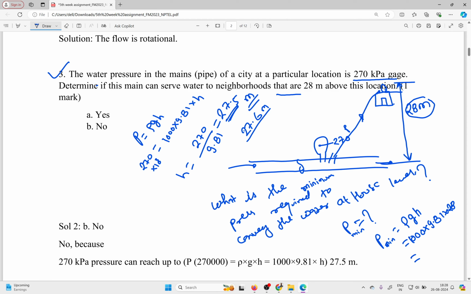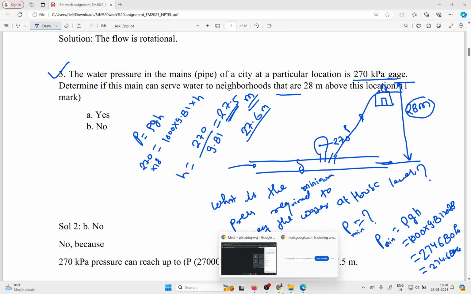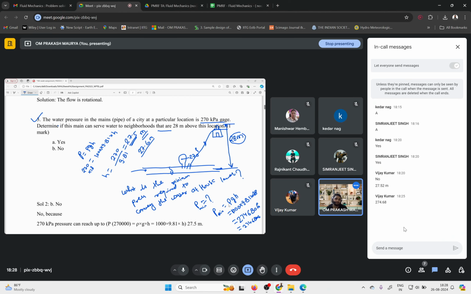When you calculate, it comes to 274680 Pascal. So in kilopascal, 274.68 kilopascal. Yes, Vijay, your answer is correct.